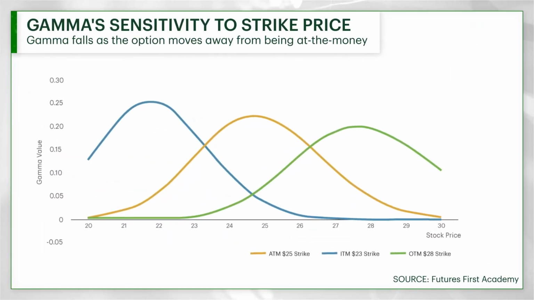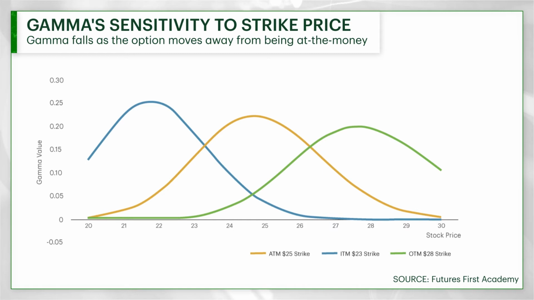Okay, so how can gamma help an option buyer figure out how risky an option position may or may not be? The gamma graph will help you assess how much delta will change as the underlying stock's price is changing. Irrespective of whether you're buying the call option or the put option, if the market moves in your favor, then because you're long gamma, the gamma will help you make more money faster.